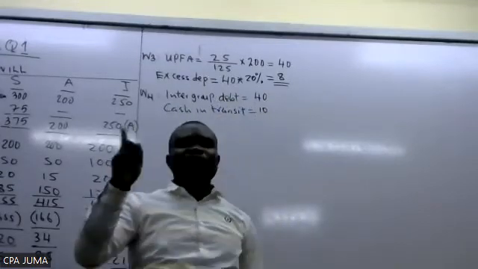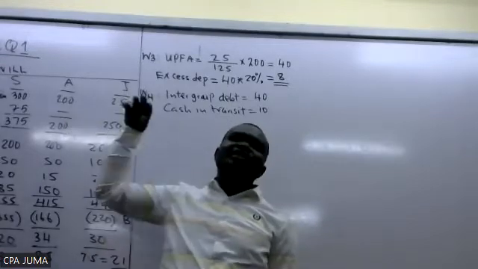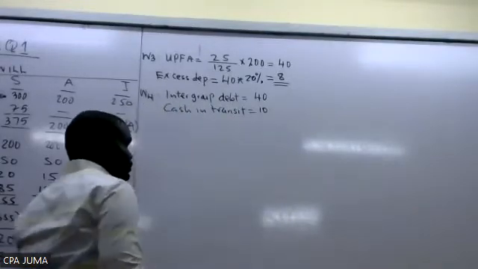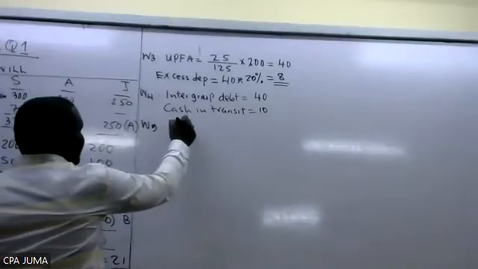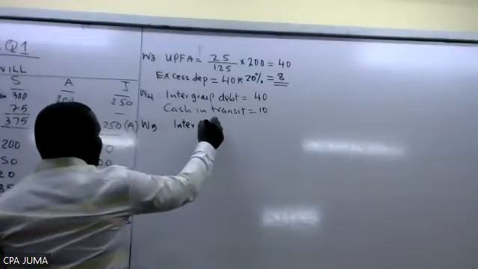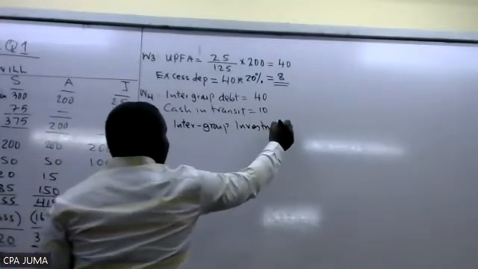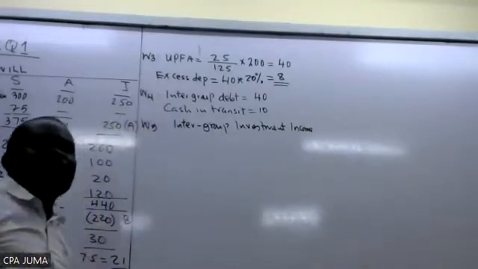Whatever income you got from within, when it comes to dividends, associates and joint ventures are now deemed to be part of the family. So I need to know what is called intergroup investment income.